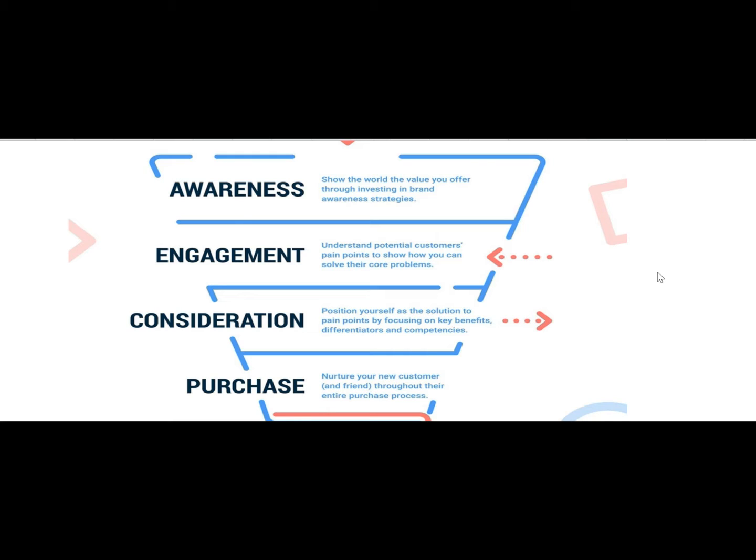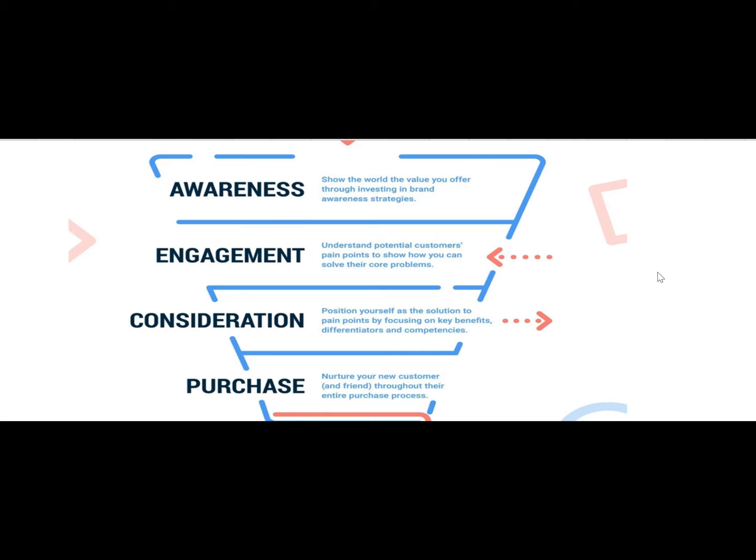The first four things in this marketing funnel. The first thing I have seen here is awareness, and what is it about? As it shows here, show the world the value you offer through investing in brand awareness strategies. Engagement: understand potential customers' pain points to show how you can solve their core problems.